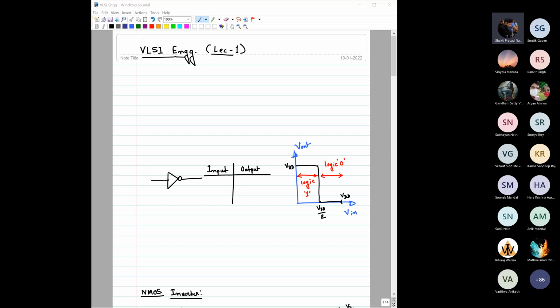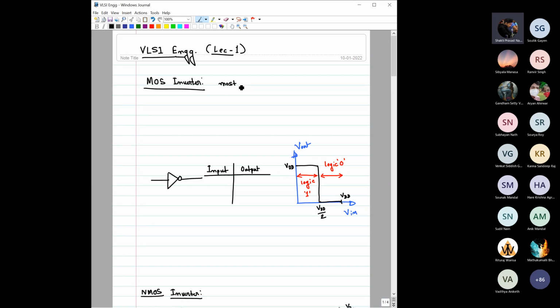When I say MOS inverter, I think all of you are already familiar with it. Let me write it: MOS inverter. This is the most fundamental logic gate.